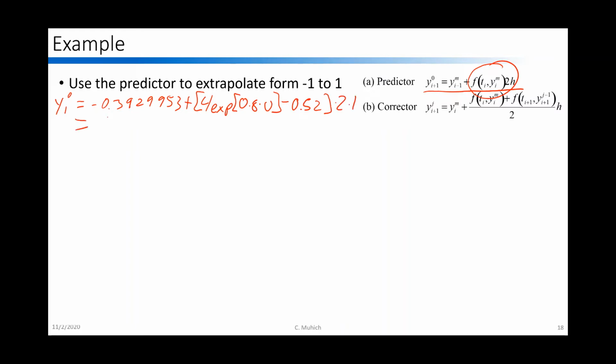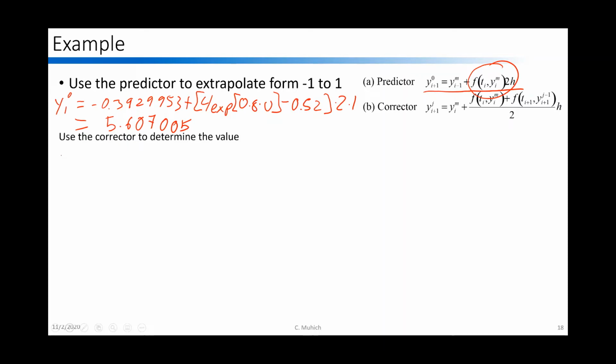When I do this all out, I get a y value of 5.607005.